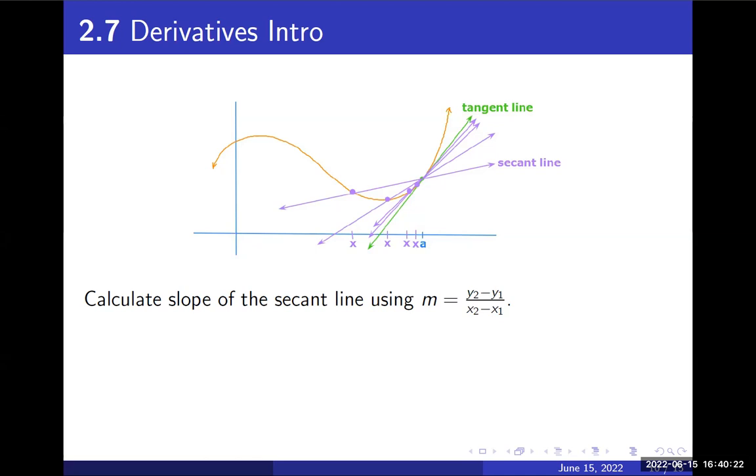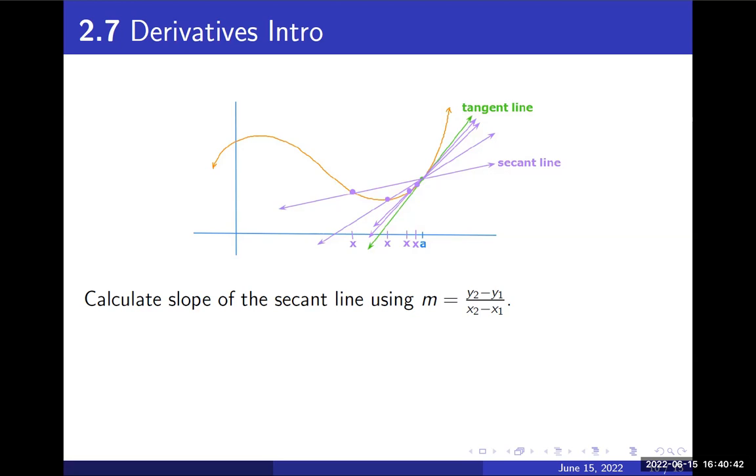That's what will be the instantaneous rate of change of our function at that moment. So let's calculate the slope of our secant line. We can do that because there are 2 points that the line passes through.